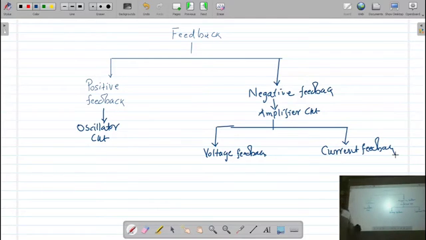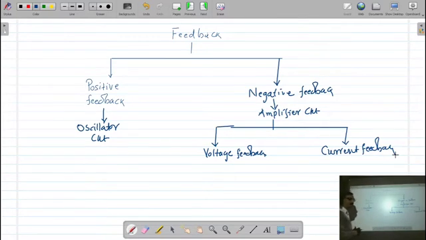If a fraction of the output voltage is given to the input, that is a voltage feedback amplifier, and if a fraction of the output current is fed back to the input, that is called current feedback.